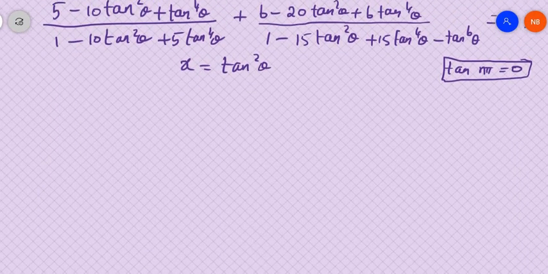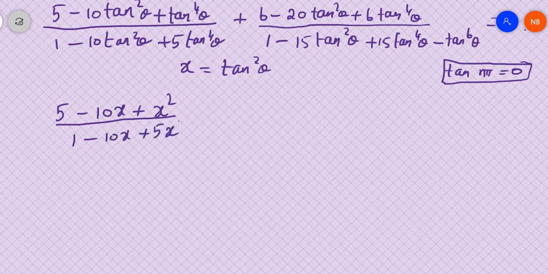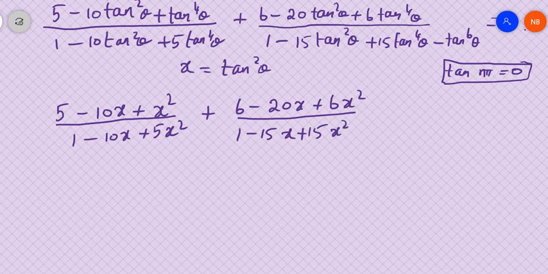And the equation now becomes (5 minus 10x plus x square) divided by (1 minus 10x plus 5x square) plus (6 minus 20x plus 6x square) divided by (1 minus 15x plus 15x square minus x cube) equal to 0. Now simplifying this polynomial equation on the left hand side, the right hand side is already 0.